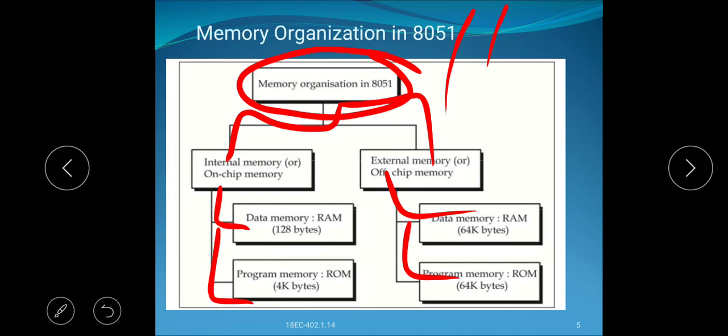The internal memory, or on-chip memory: the 8051 has 128 bytes of RAM for the data memory and 4 kilobytes of ROM for the code memory inside the IC chip.